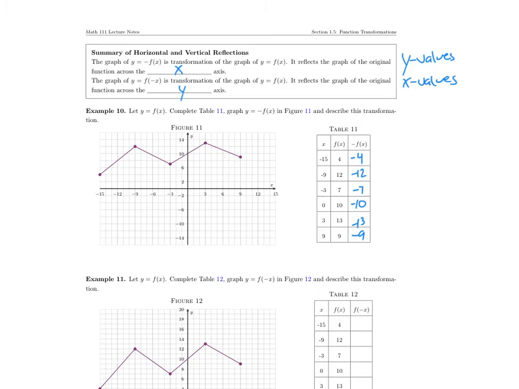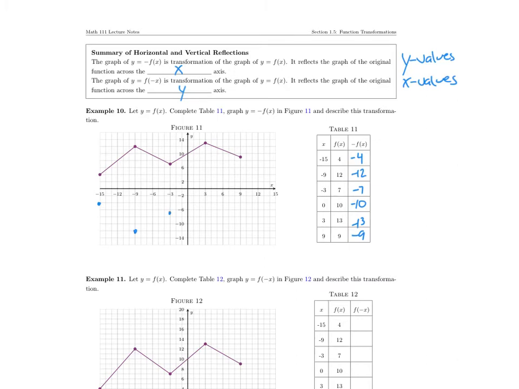So if we do that, it means that it's going to go across the x-axis because that's where all the negative y values are. So that's going to look like this. Oh, that's not, go back. There we go, I just didn't have that lined up correctly.